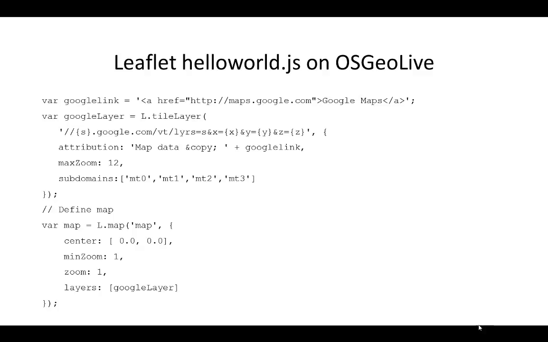But it's a different format and a different way of doing that. I don't think it's officially an OGC or British standard yet, but it may be, but it's certainly on the way to becoming one. So we're going to create a tile layer, and in this tile layer we're going to display some Google basic map.